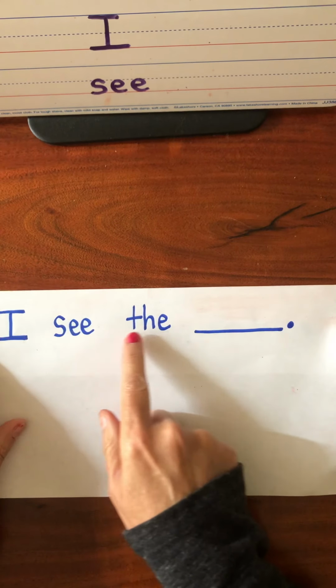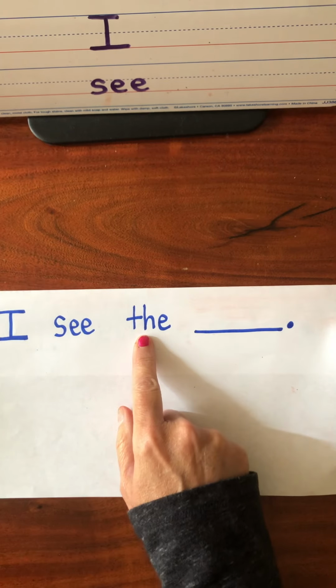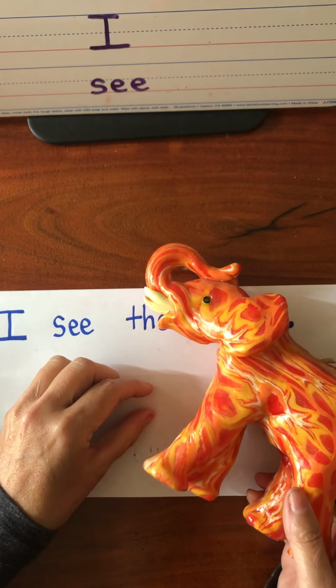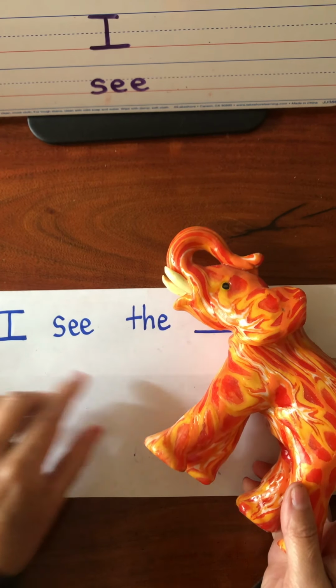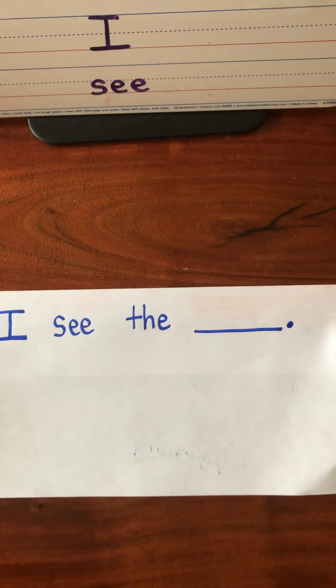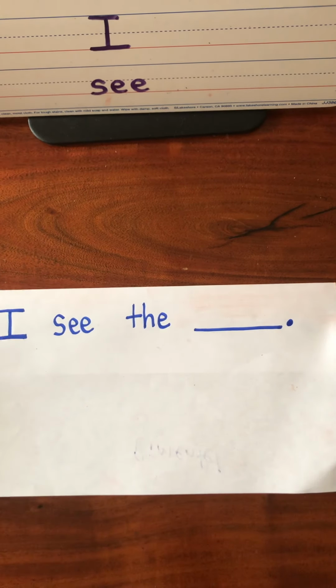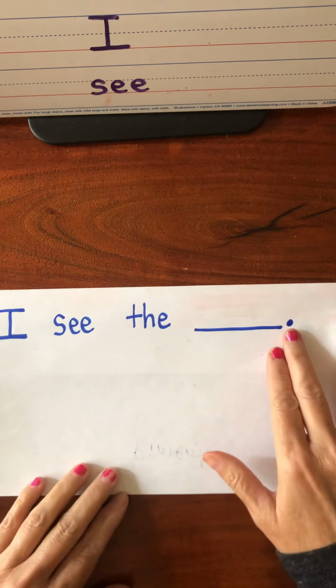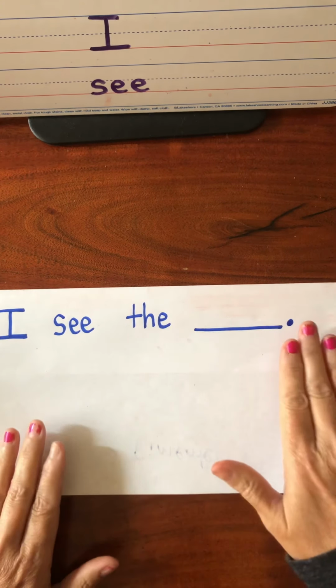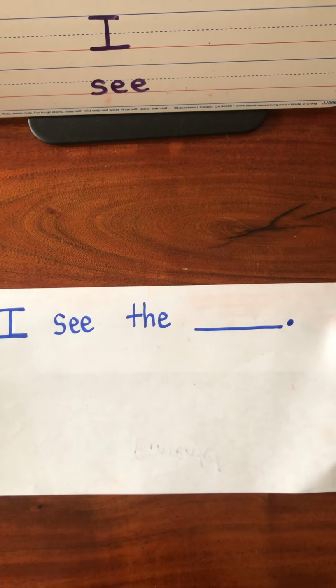Last one here, the, what is that? The elephant. I see the elephant. And see that dot at the end? We don't need to know the name right now, but that tells me the sentence is over. That's my stop sign. That's my period. That tells me that's the end of the sentence, and I'm going to create a new one on Monday.